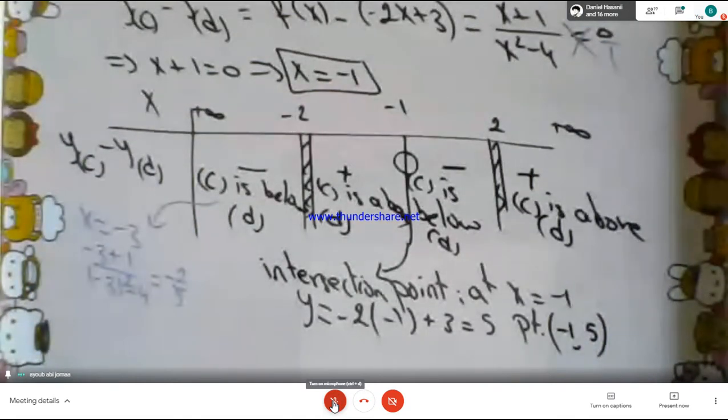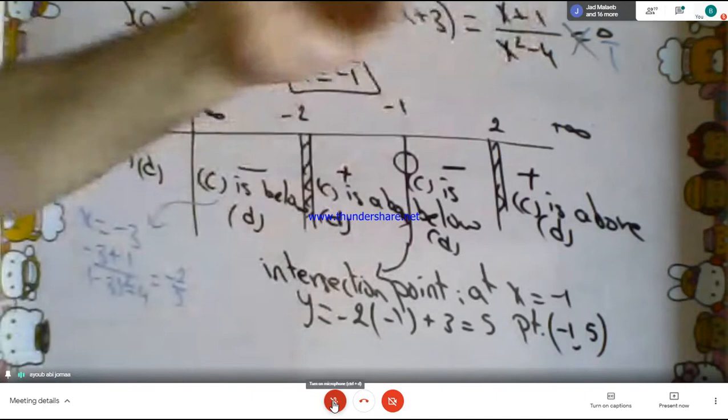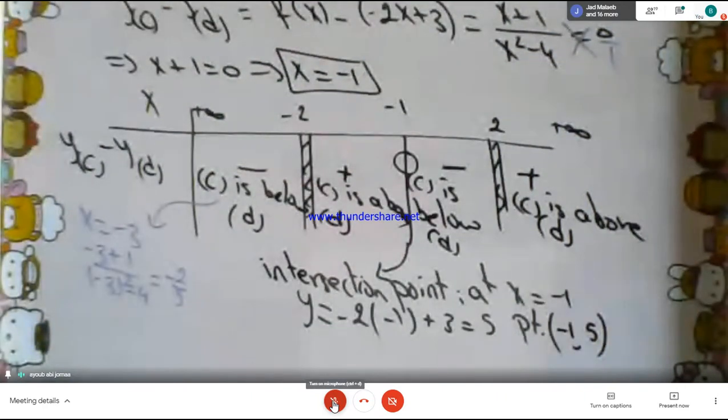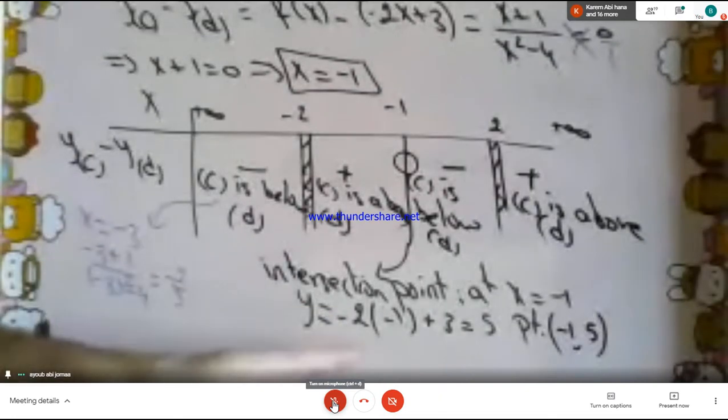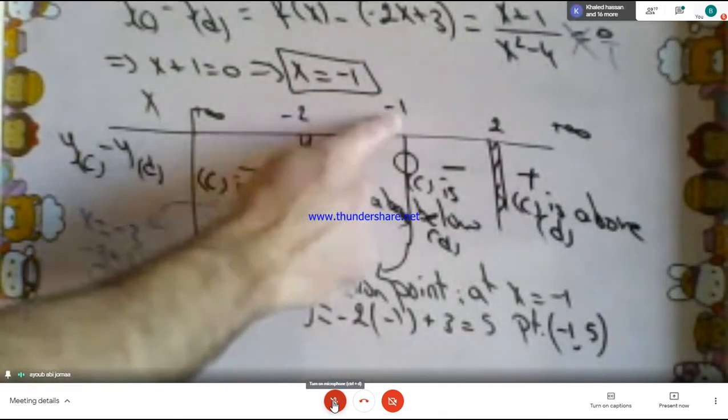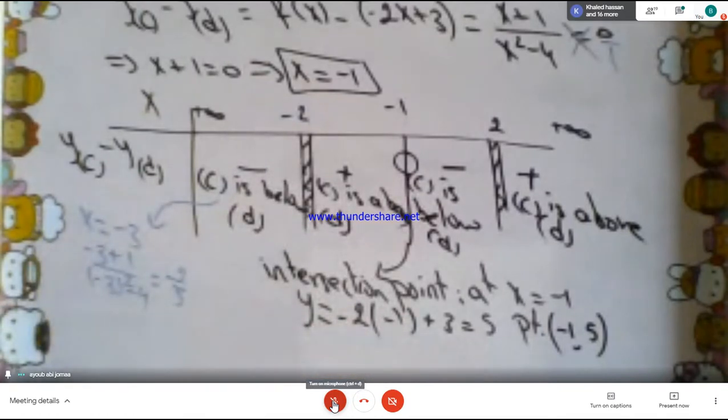Of course, you'll get the same answer. The point belongs to both the curve of the function and the straight line, so replace in any of them. I replaced in the equation of the line. -2 times -1 plus 3, which is 5. So the coordinates of this point will be -1, 5.